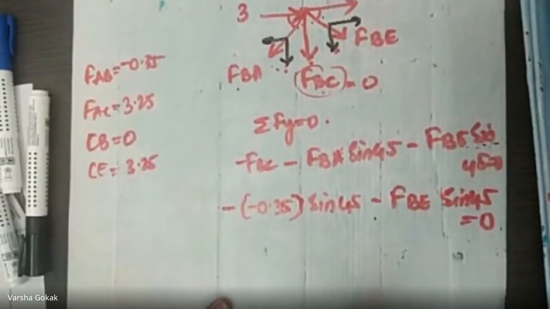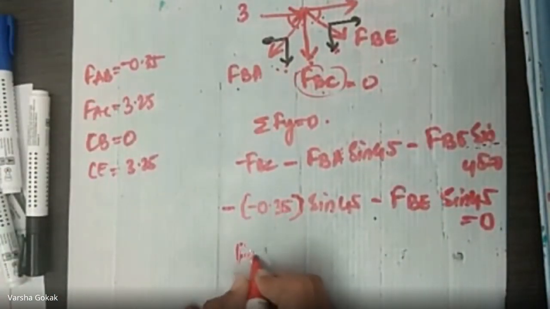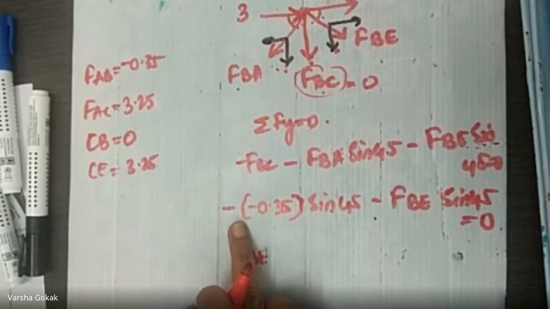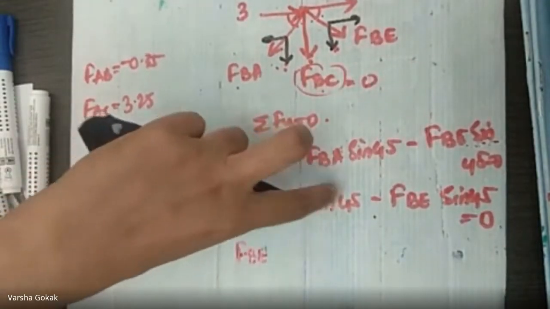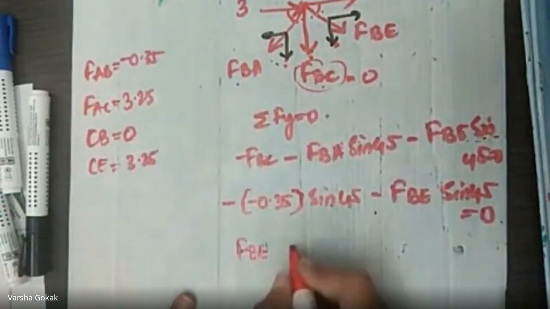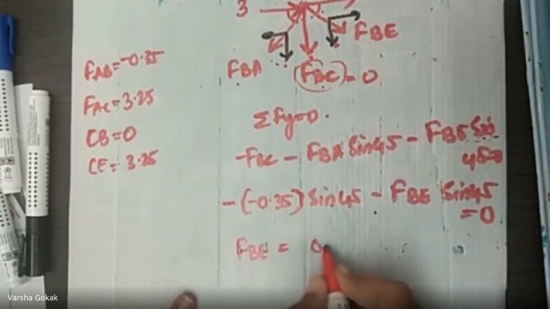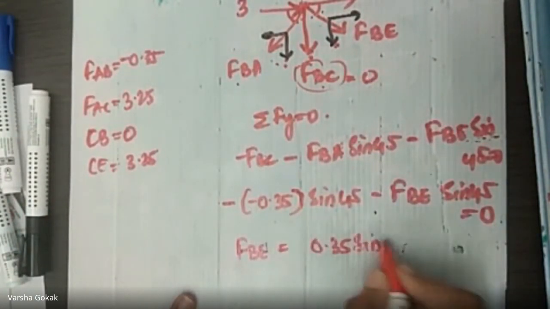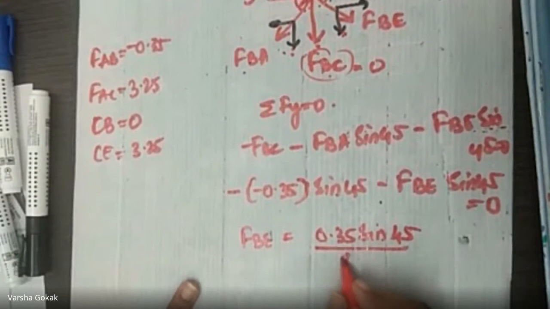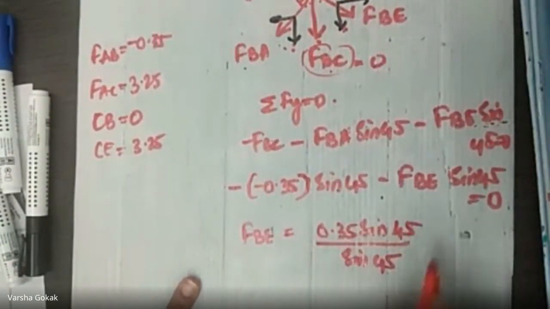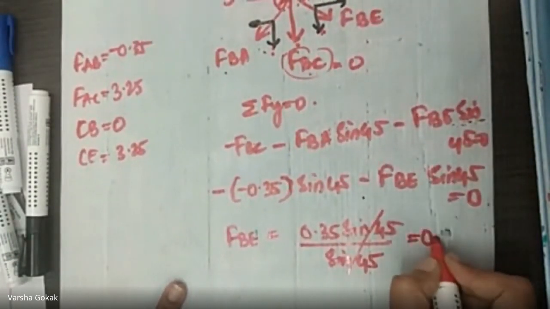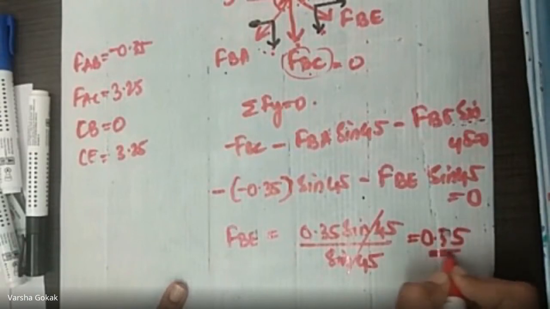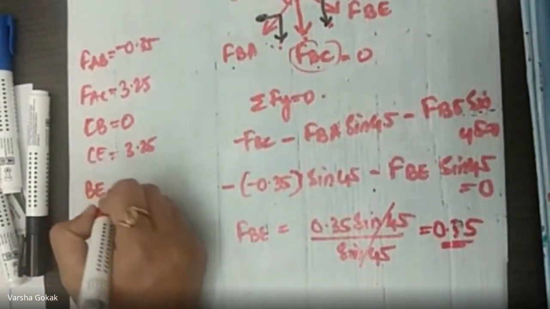From here I can get FBE value. So what is FBE? This is minus into minus plus, so this goes to that side. We'll get a positive value, that is 0.35 sine of 45 divided by sine of 45. So these two will go. FBE also is 0.35. Am I right? Are you with me?